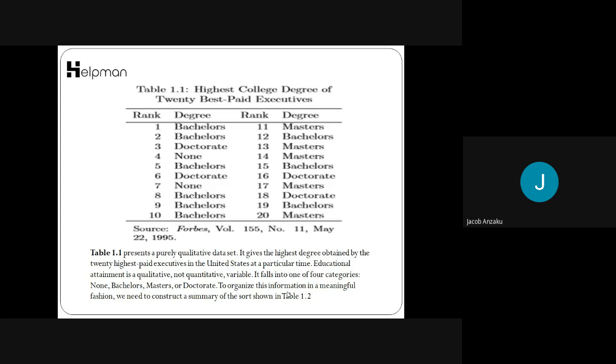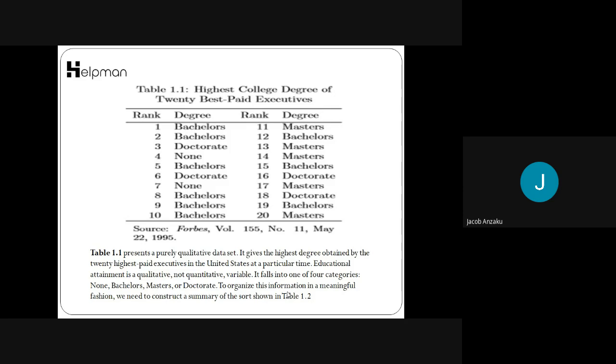It gives the highest degree obtained by the 20 highest paid executives in the United States at a particular time. Now, educational attainment is a qualitative, not a quantitative variable. It falls into one of four categories: either the person has no degree, or has a bachelor's, or a master's, or a doctorate.